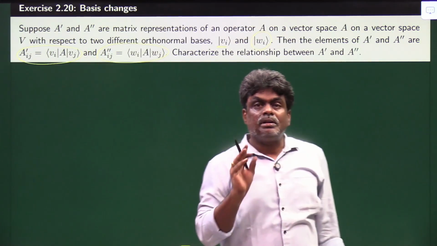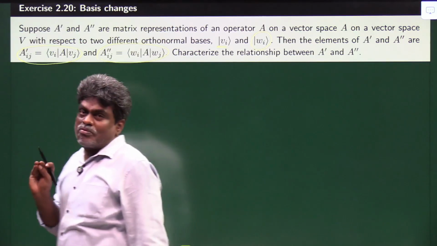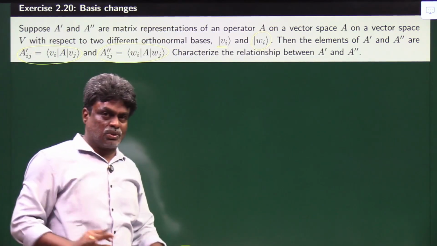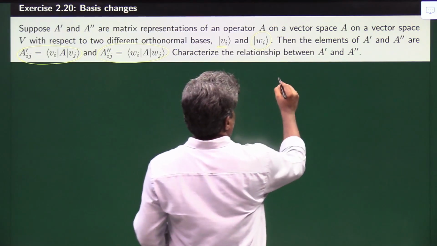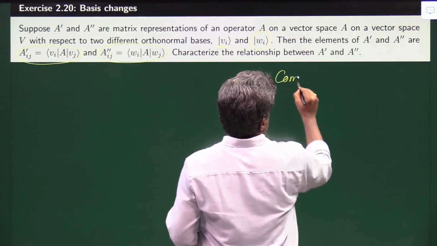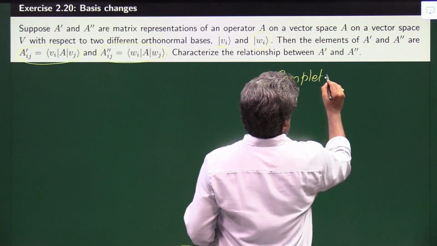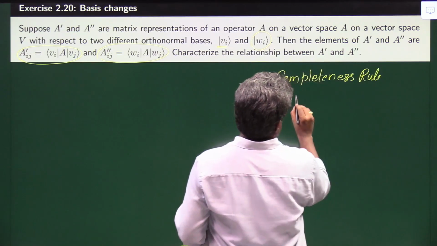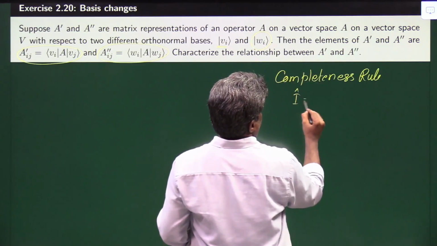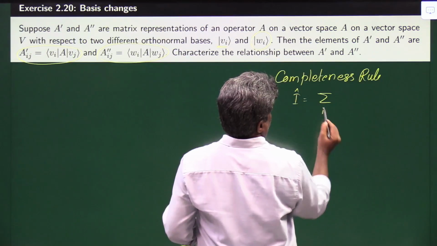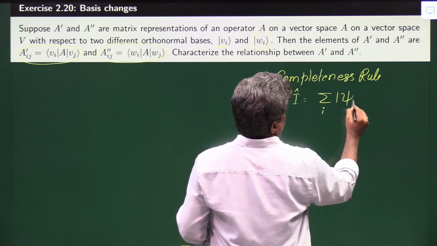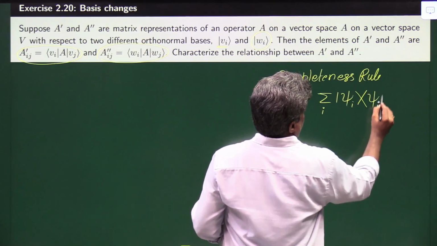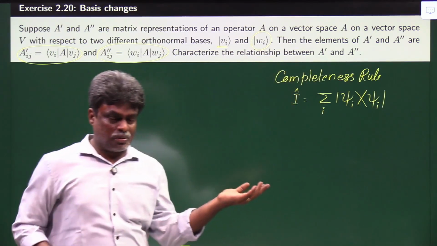Remember, whenever there is a concept of a change of basis, always use the completeness rule. So I told you earlier, the completeness rule. This is nothing but the identity operator, the summation over i of these outer products, or projection operators.